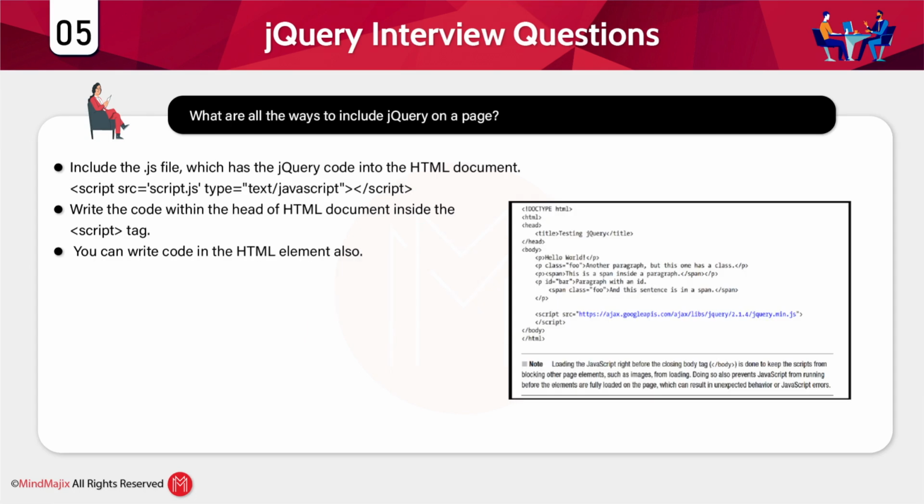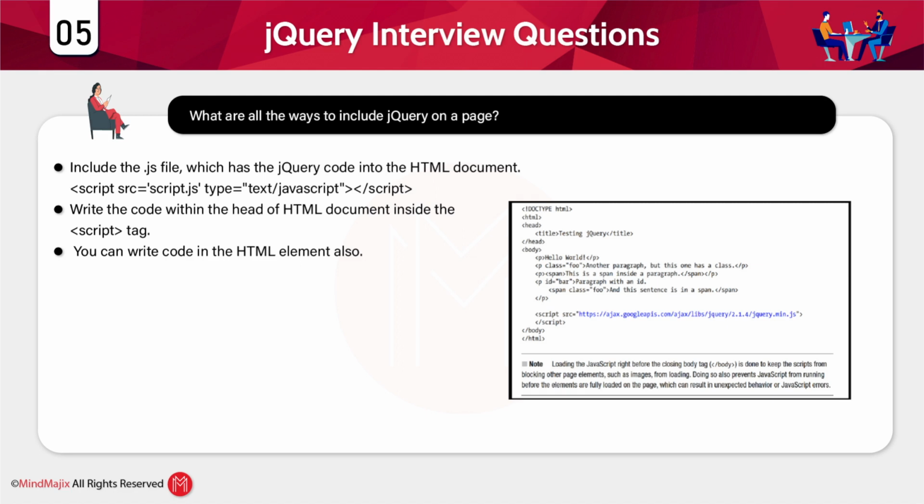So coming to the next question. What are the ways to include jQuery on a page? How can you write jQuery on a page? There are basically three ways. First, include the JS file, which has the jQuery code, into the HTML document. So write a separate file for jQuery and include it in the HTML document.